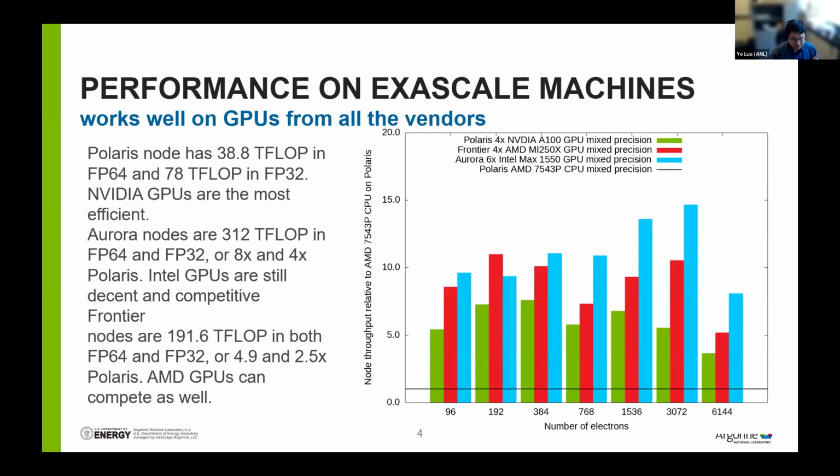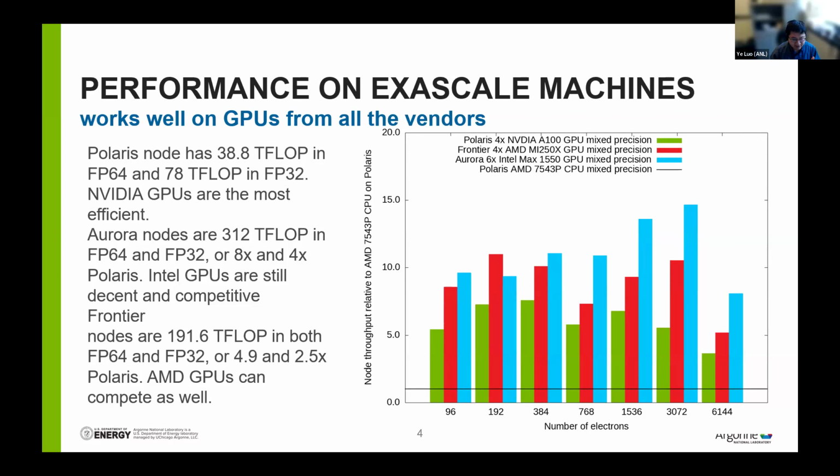Okay, just to give you an idea of the status of QMCPACK GPU support in terms of performance. This study is a snapshot of the performance since April, so it's quite recent. So far, we've enabled performance on all the major vendors with very decent speedups, as you can see in the figure.